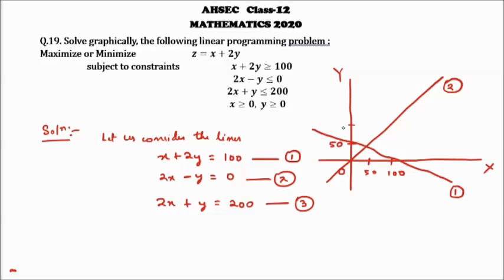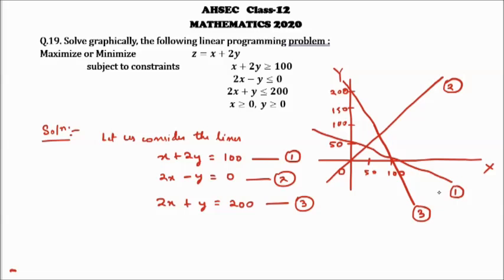So this will be 100, 150, 200. And if I take y is equal to 0, I get my x as 100. So this will be the line joining these 2 points. It will look something like this. This is my line number 3.